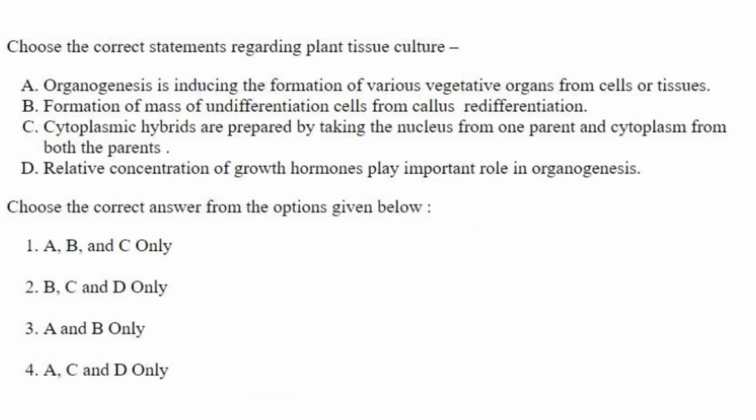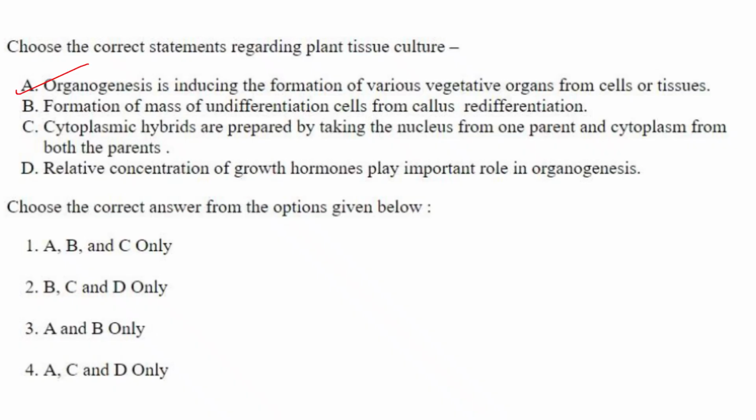Then choose the correct statement regarding plant tissue culture. Organogenesis is inducing the formation of various vegetative organs from cells or tissues. Yes. Vegetative organs means shoot and root from the cultured explant, from the cells or tissues that you are putting in the tissue culture medium.